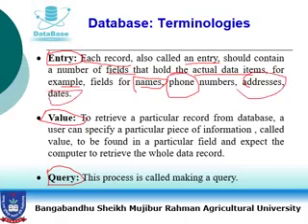And then we have to know what a data value is. When we put the real data in respect of each of the data fields, that represents the data value. That means to retrieve a particular record from a database, a user can specify a particular piece of information, called the value, in a particular field, and expect the computer to retrieve the whole data record.